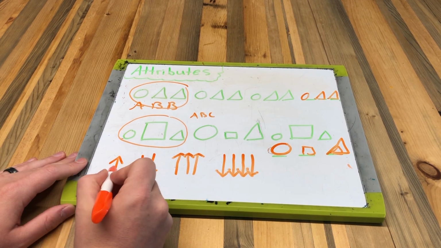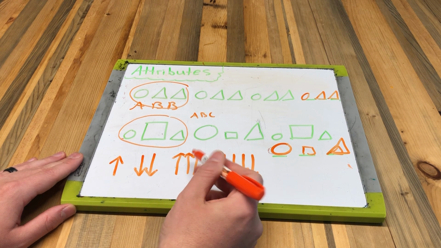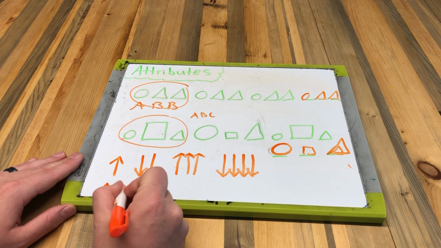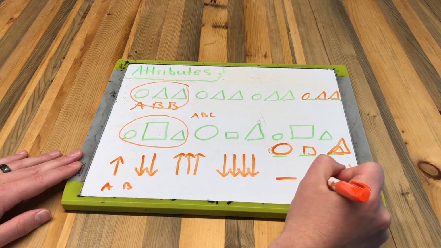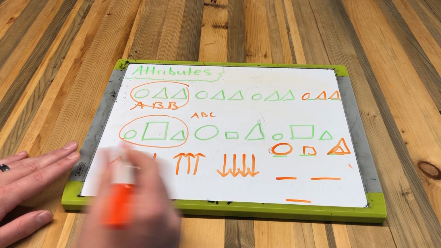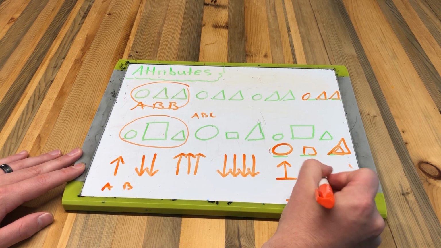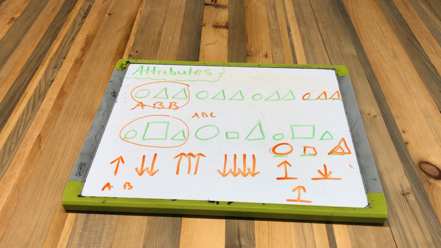I have an arrow pointing up, arrows pointing down, arrows pointing up, arrows pointing down. That's an A, B pattern for the direction of the arrow. So if I was going to finish this, the next three things, I have up, down, up, down, up, down, up. And I would think, yay, I'm finished.